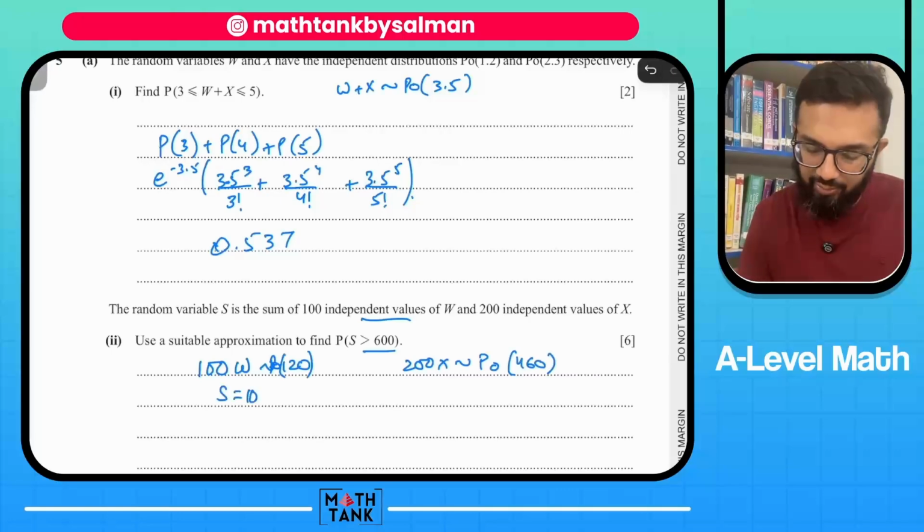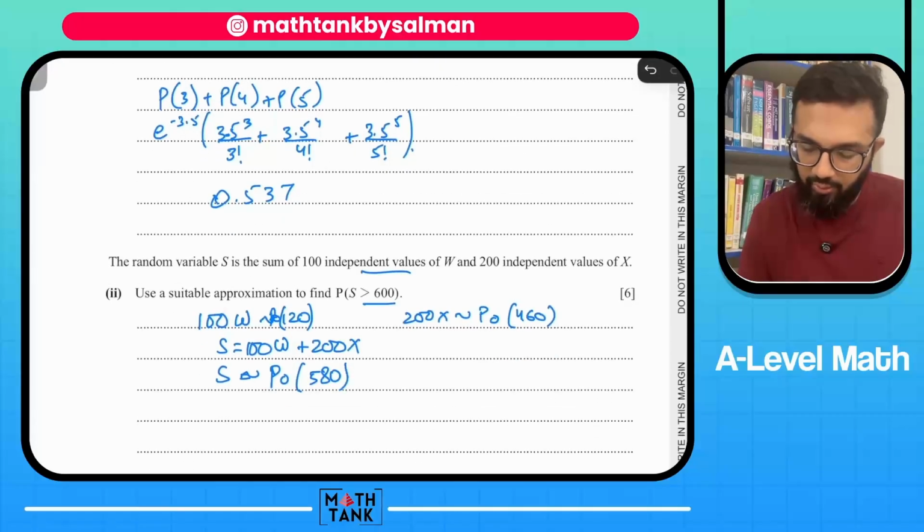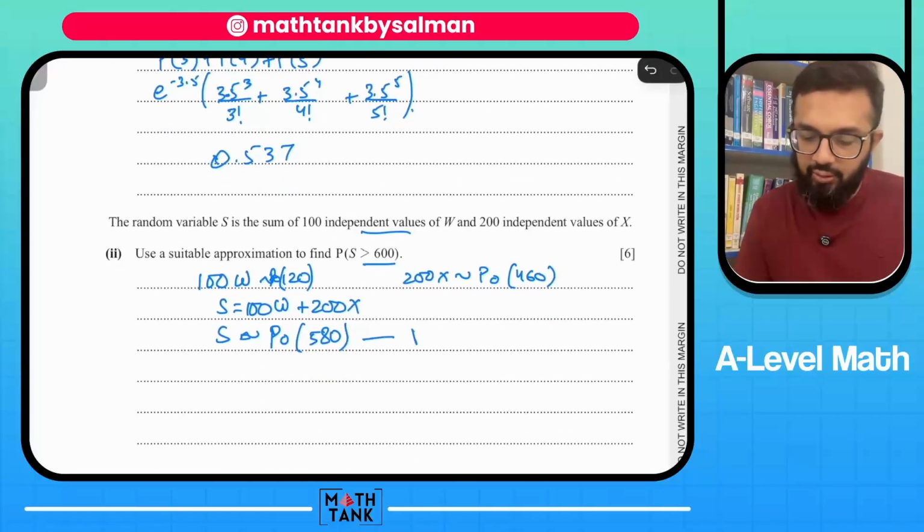S is 100W plus 200X. So it has a lambda of 120 plus 460 is 580. Okay. Since lambda is large, use normal.